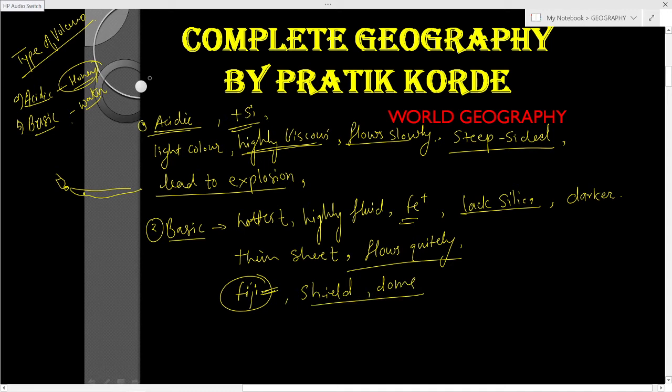These are the two types of volcanoes which it makes. Now this lava, acidic or basic, consider this to be a volcano. If this is the volcano and this is the vent, then there are certain features.